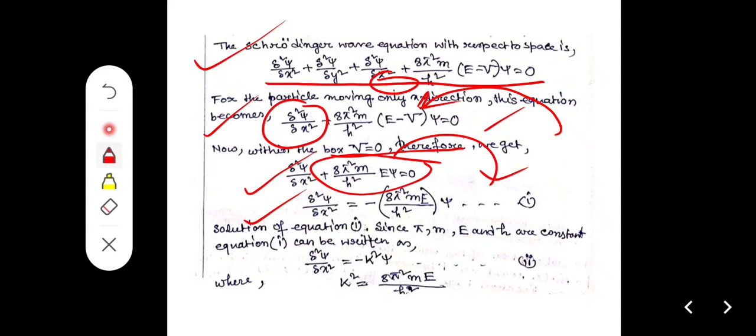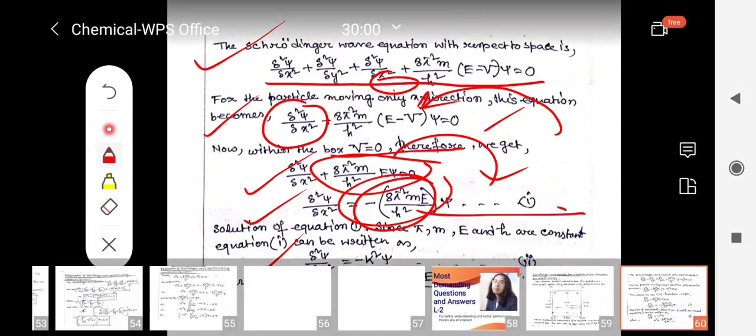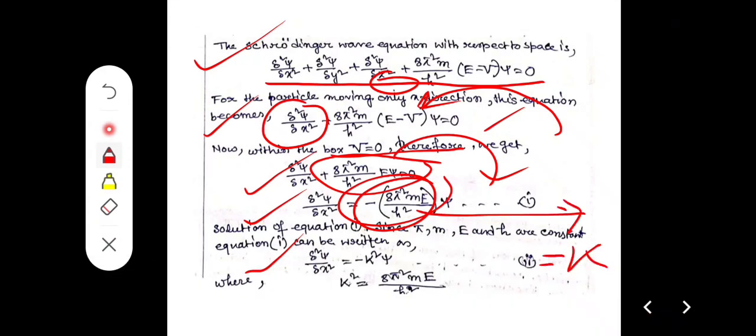Since π, m, E and h are constant, the equation can be written this way: ∂²ψ/∂x² equal to minus k²ψ, where k² equals 8π²mE/h². By this way we can derive ∂²ψ/∂x² equal to minus k²ψ, where k² equals 8π²mE/h². Okay.